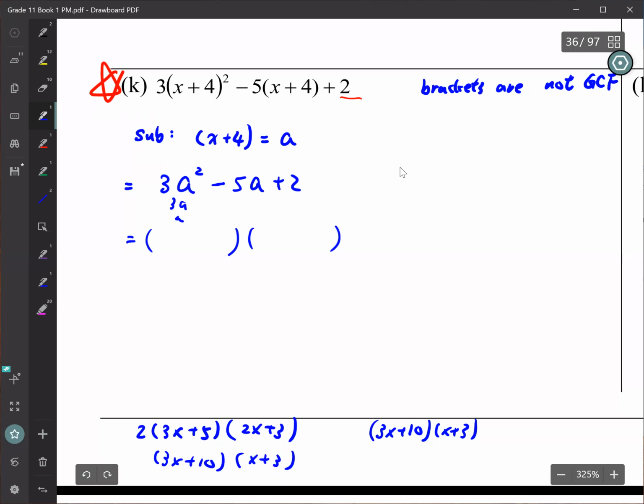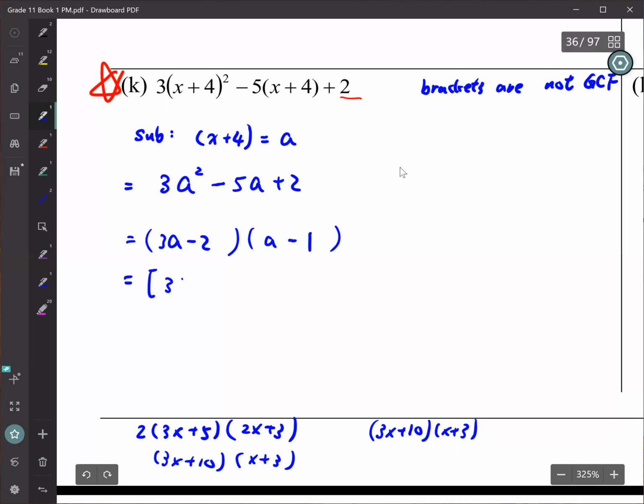Okay. So your answer is what's inside the 2 brackets? 3a minus 2 and a minus 1, because you got 2 negatives, right? So that will give you minus 5a. Yep, so it works.